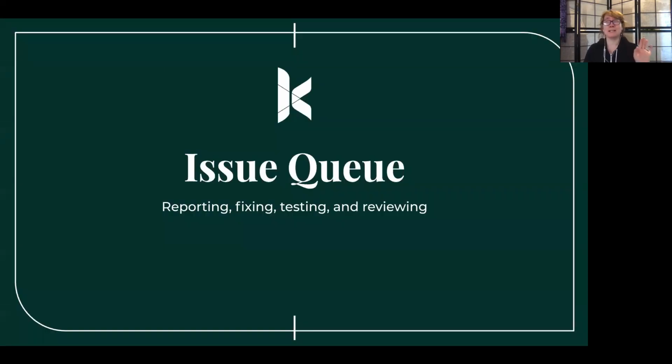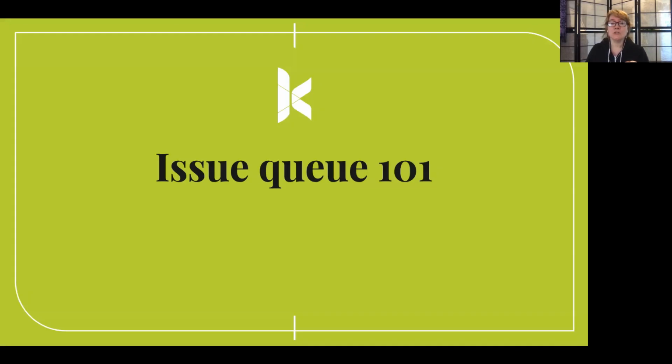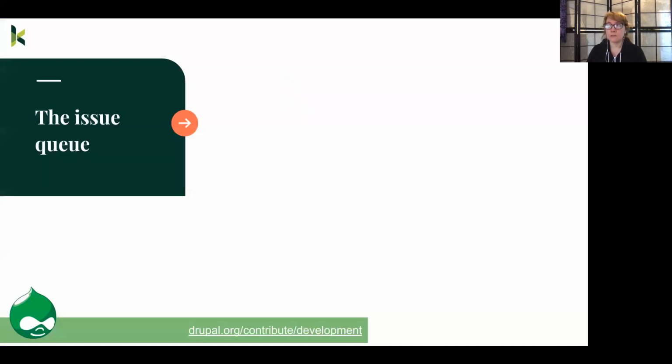But what we really like is the issue queue, right? So I'm going to give sort of a general overview, a quick look at the issue queue. Then we'll take a break and then we'll work in the issue queue. We'll look at what it looks like too after a break.